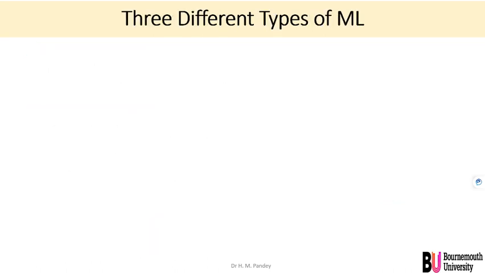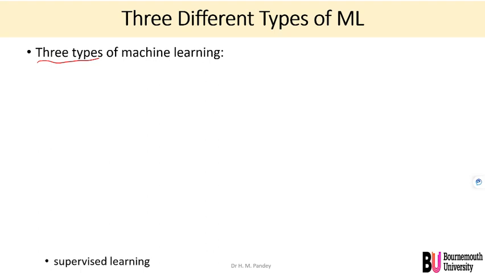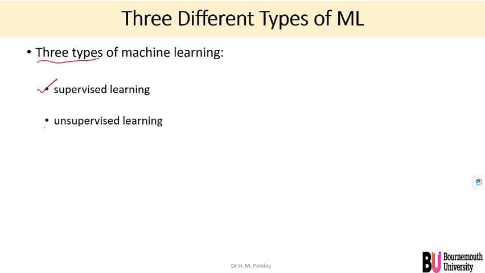So all in all, machine learning techniques are broadly divided into three main groups. You will study three main types in this unit. The first is the supervised learning technique, the second is the unsupervised learning technique, and the third is the reinforcement learning technique.